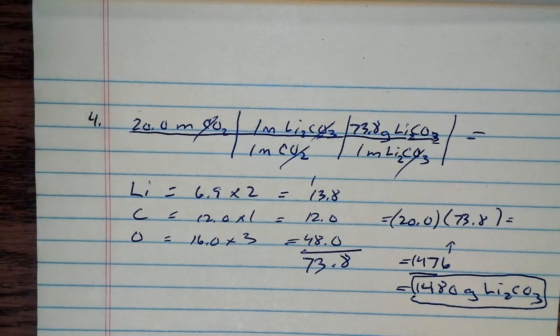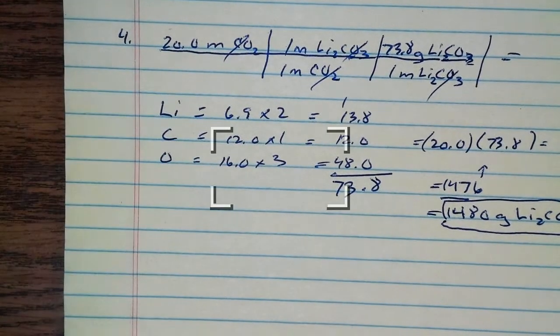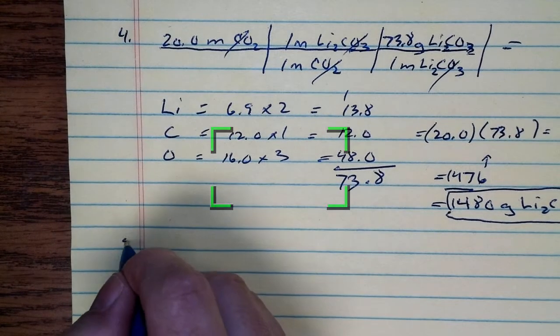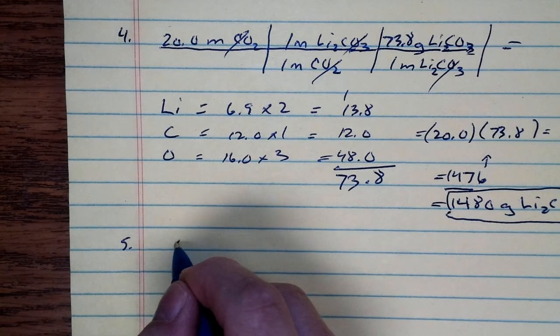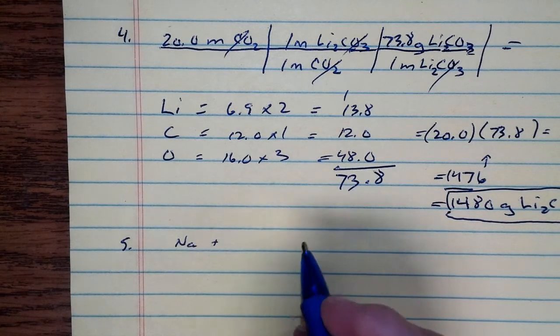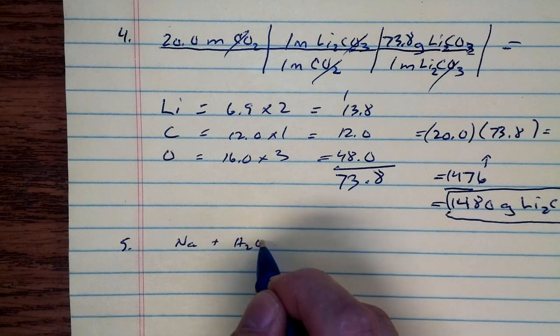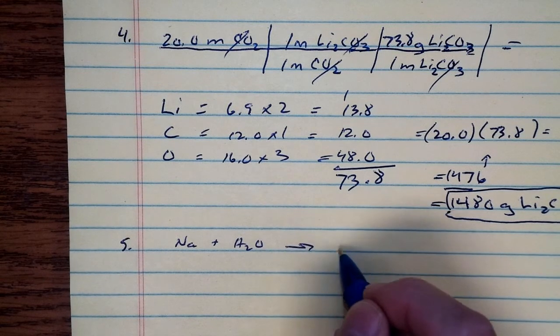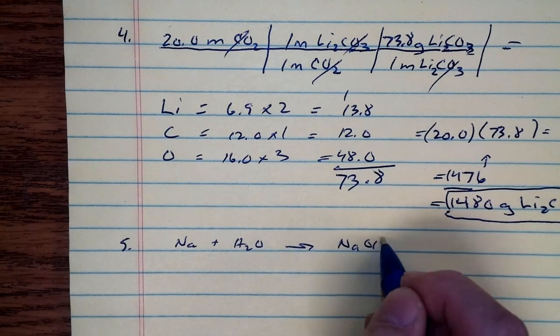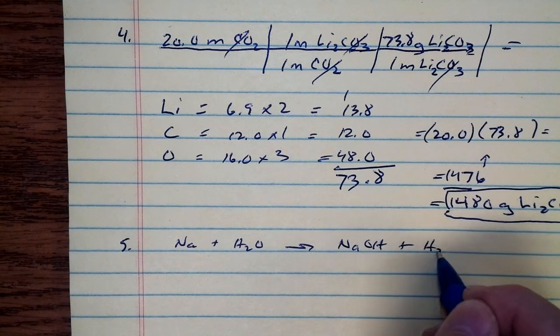Okay, now we're going to be on number 5. We start by having to balance this equation. Sodium, which reacts explosively with water, produces a strong base, NaOH, plus hydrogen gas.